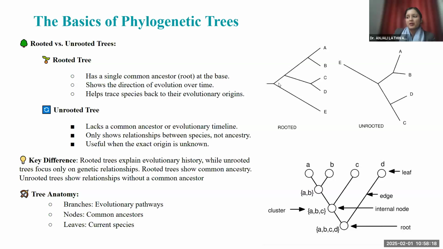Some real life examples: if I have to track how humans have evolved, then rooted will make more sense, because I have to track who the first ancestor of that species was, and over the years across the branches how everything evolved across the species. Unrooted is where you have to do comparative genomics. For example, I don't have common ancestors, but I have to see how two species are related.